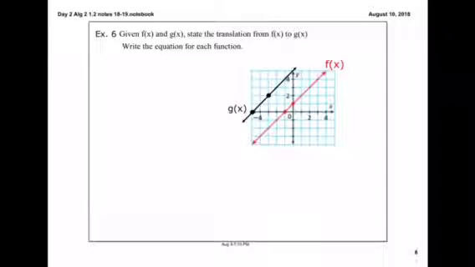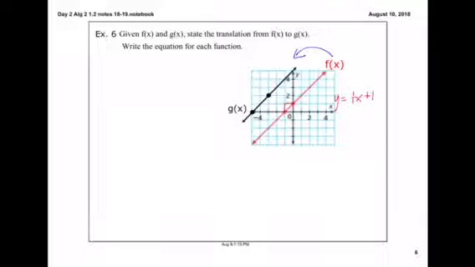Example number 6 says, given f of x and g of x, state the translation. If we're going from f of x to g of x and we write the equations for both functions, our y-intercept for f of x is positive 1. Our slope is rising 1, running 1, so we have 1 over 1x.